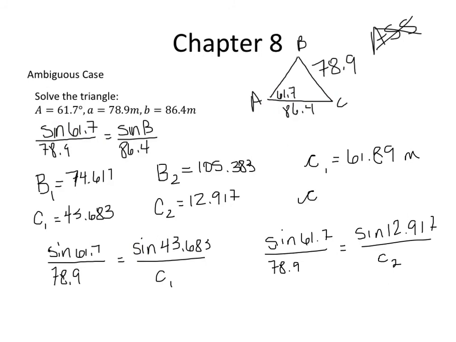And that gives us 20.031. Don't forget your degree symbol. And don't forget that you always have to check for that second triangle.